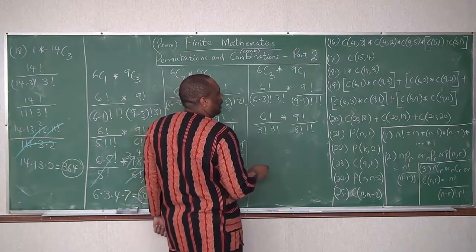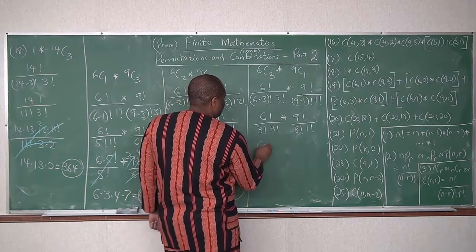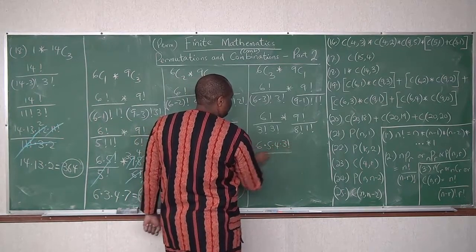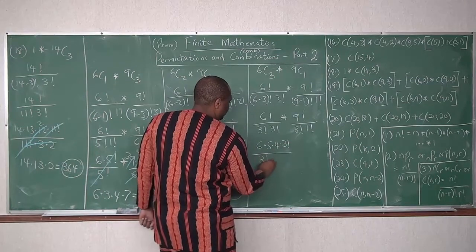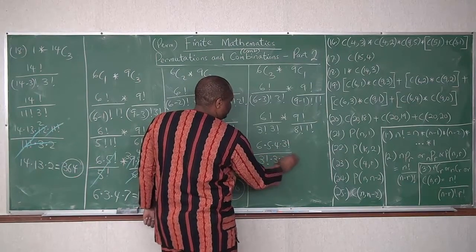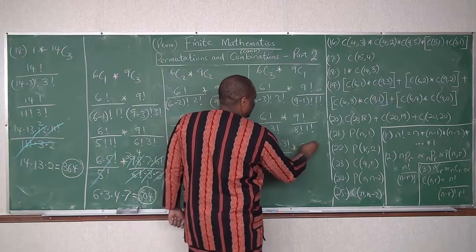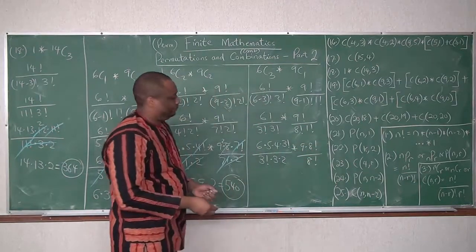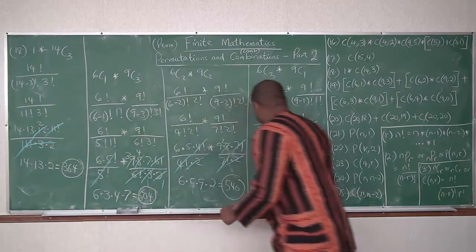So, this is 6 times 5 times 4 times 3 factorial over 3 factorial times 3 times 2 times 9 times 8 factorial over 8 factorial. Right? So this will be what?